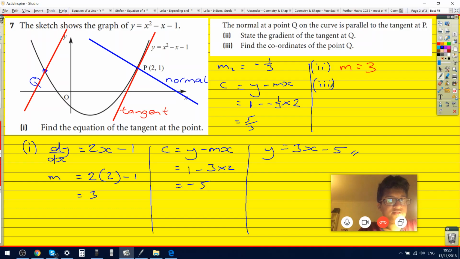I'm making the assumption that, if this is kind of like so this would be 2x plus c. The y value.